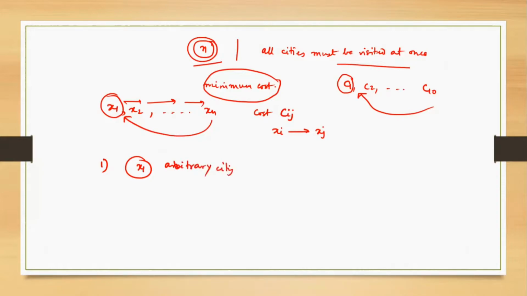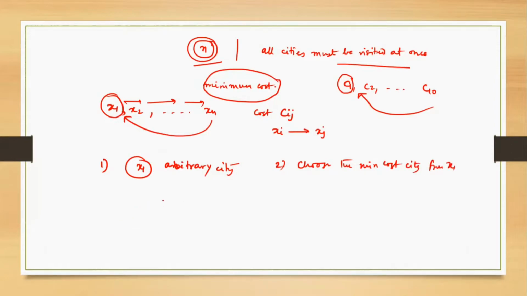Start with any arbitrary city, say x1. Then choose the minimum cost city from x1.